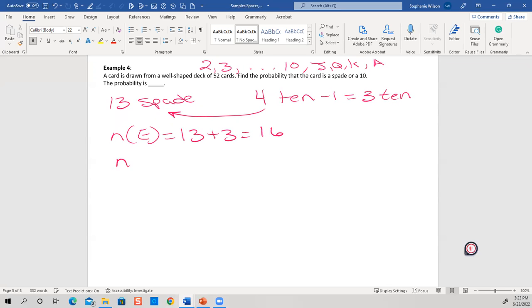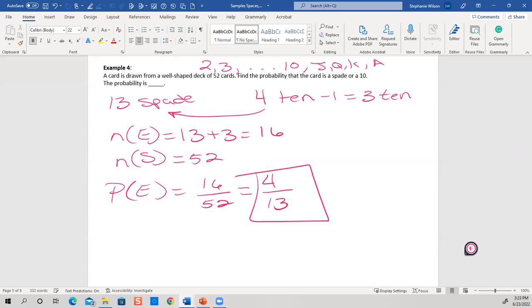And the number of elements in the sample space is 52. So the probability of this event happening is 16/52. However, I noticed this reduces by 4. 4 goes into 16 4 times, and into 52 13 times. So that probability is 4/13.